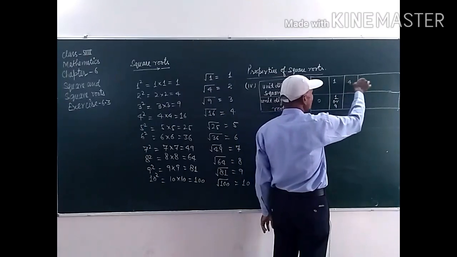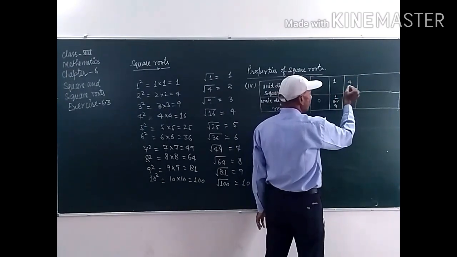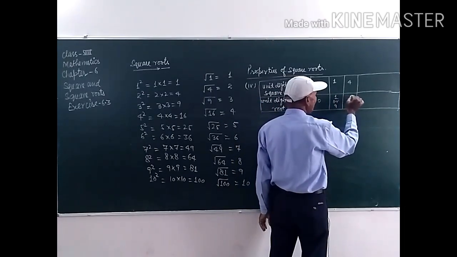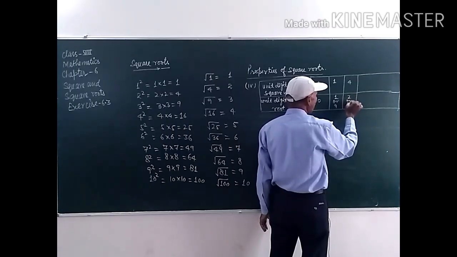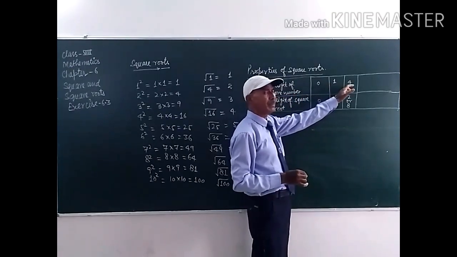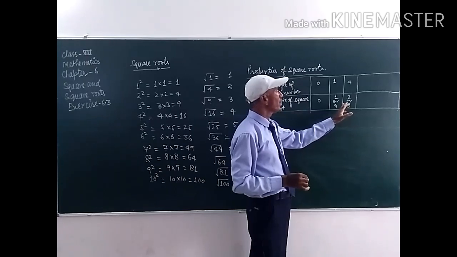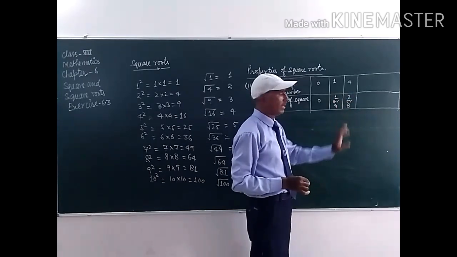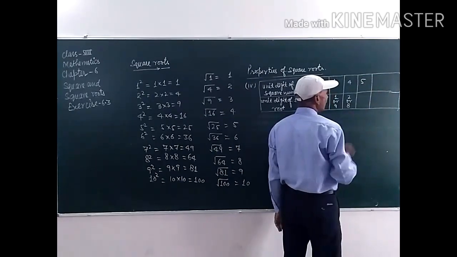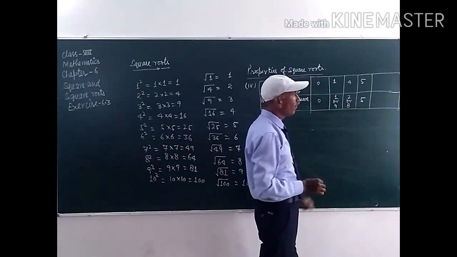So if the unit digit of a square number is 4, then the unit digit in the square root will be 2 or 8. If it is 5, then the unit digit of the square root will be 5.